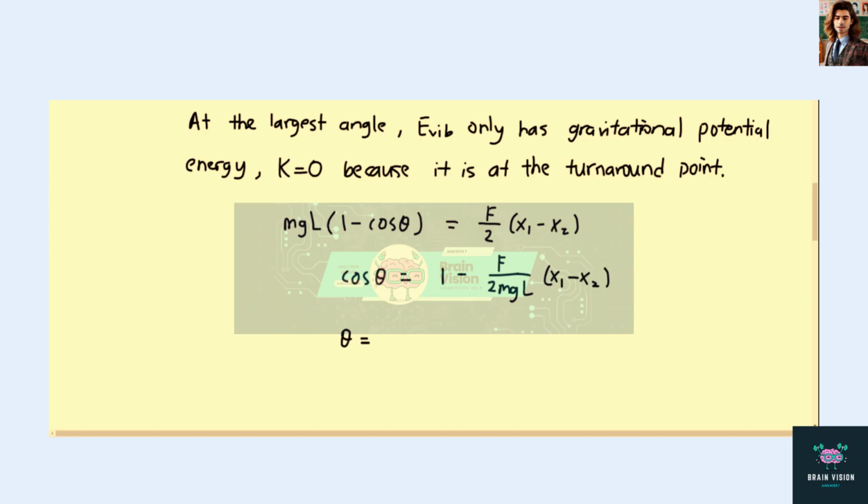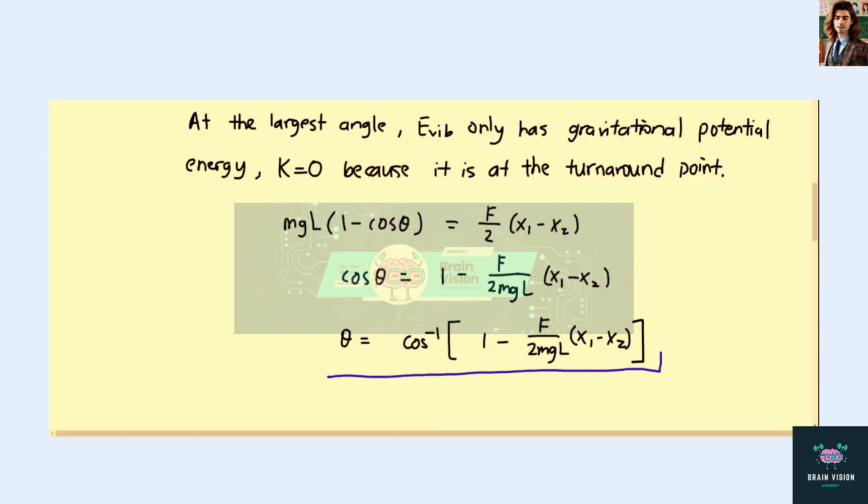Then theta will just be arc cosine of 1 minus F over 2mgl times x1 minus x2. So this is the expression for the largest angle.